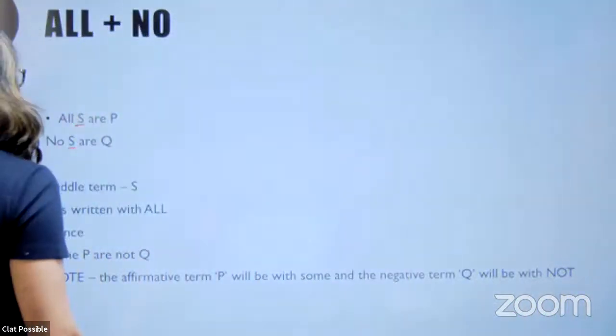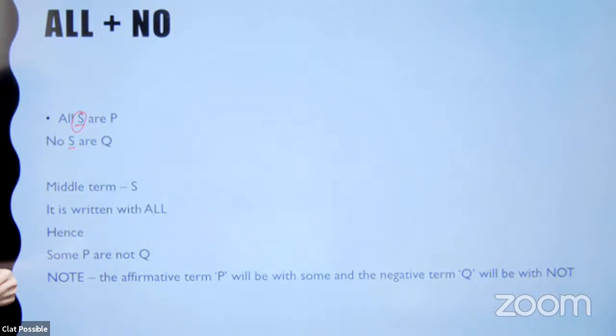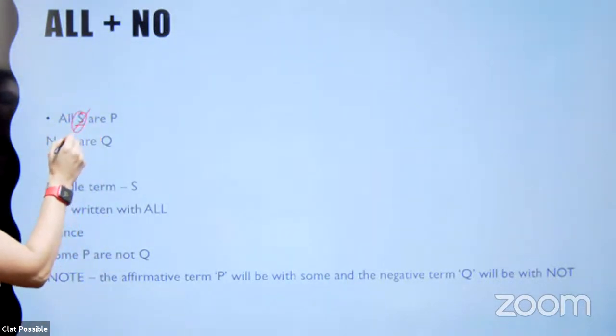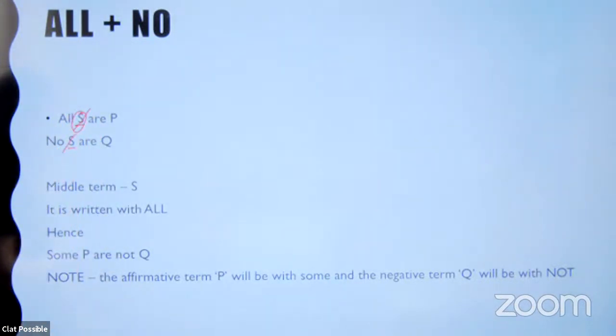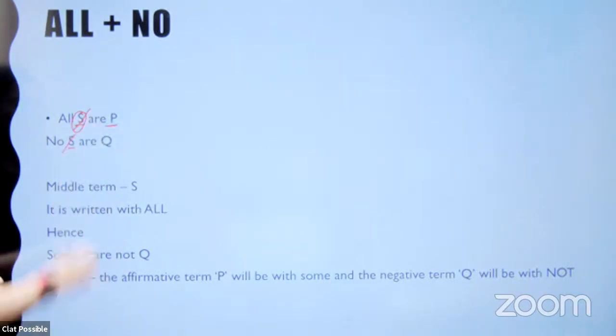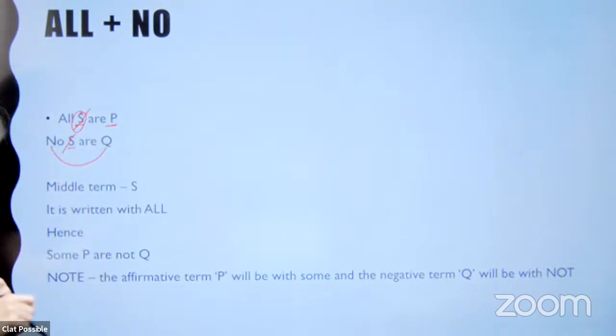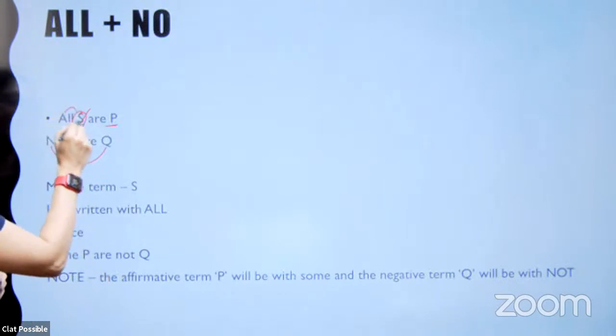Now, the middle term is the subject of "all". As a rule, the middle term has to be eliminated from the answer. But now look at the other term. No S is the same as no Q. But I asked you this question earlier, like 10 minutes ago. Is all S the same as all P?